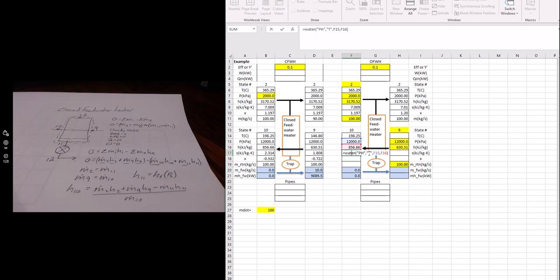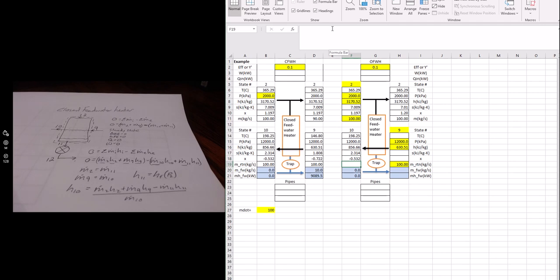And that gives me the temperature. What I want is the enthalpy, or entropy rather. And then the quality, X, at this pressure and this enthalpy. And it doesn't like that extra character there.